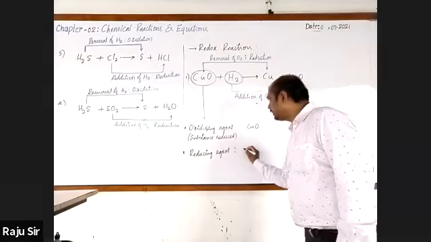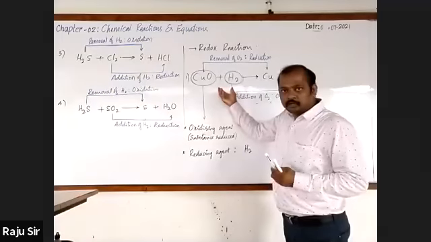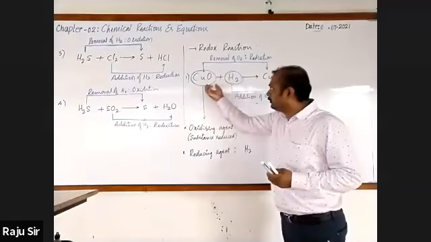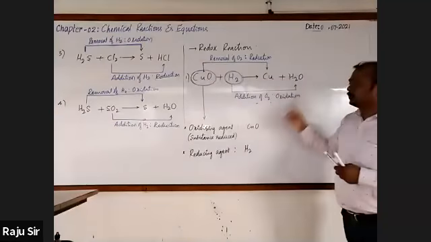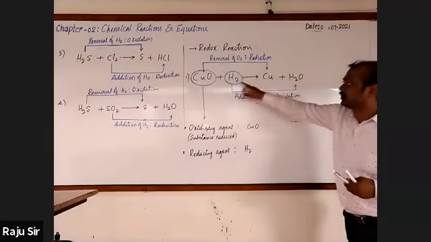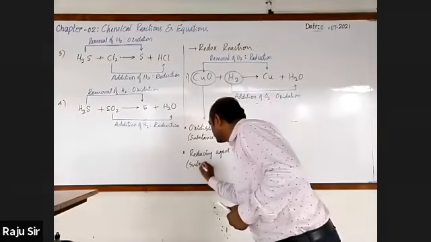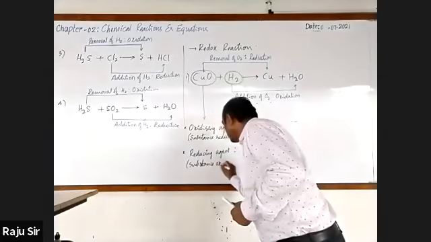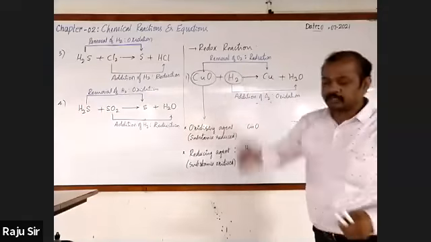The substance which removes oxygen for reduction is called the reducing agent. In this example, hydrogen is the reducing agent. After reducing, this hydrogen will take the oxygen and get oxidized to water. Therefore, hydrogen is called the substance oxidized.